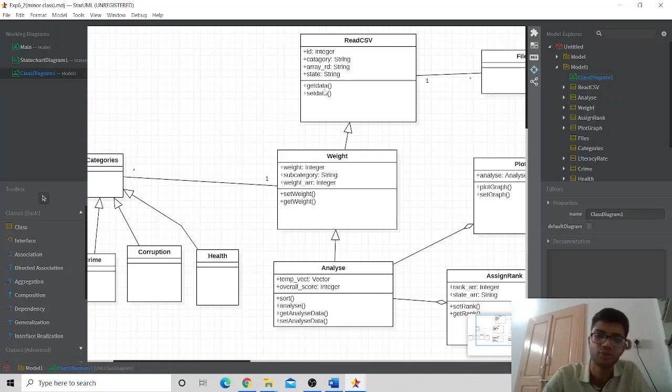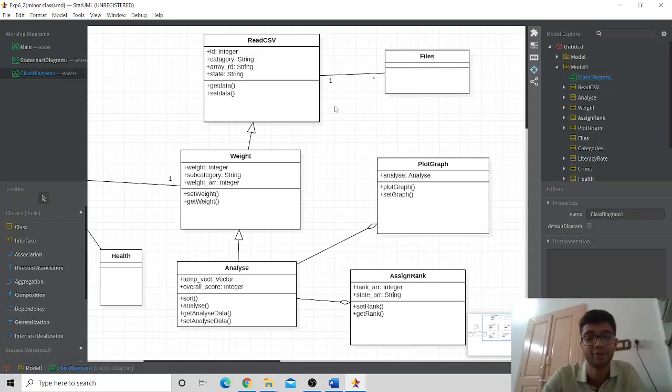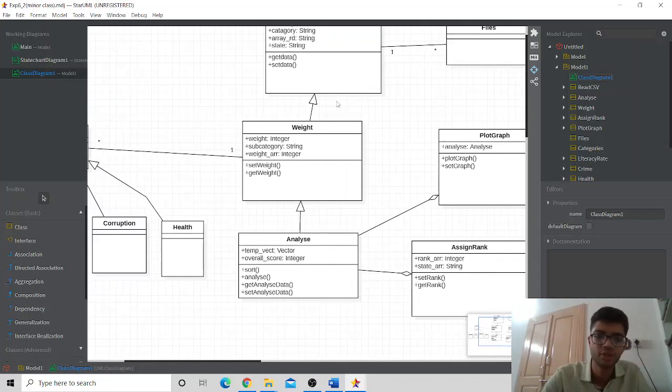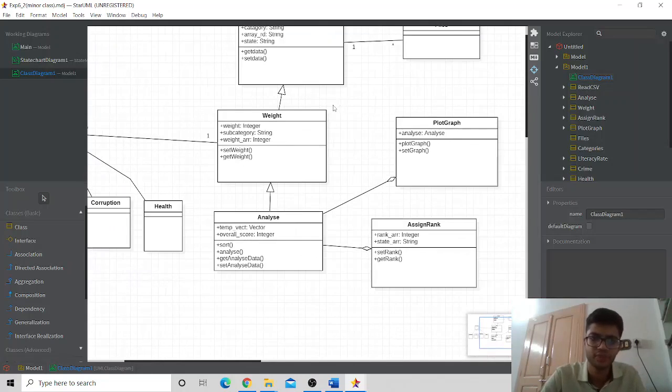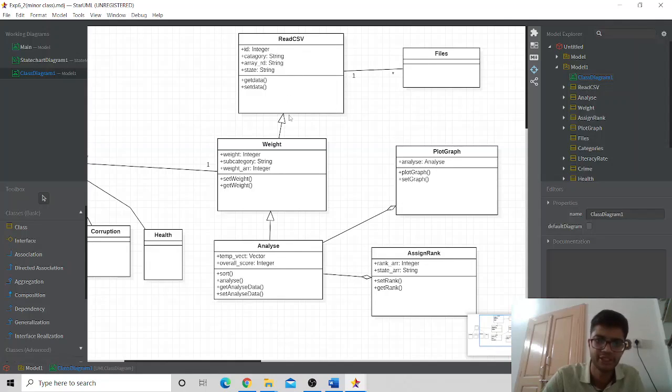And there are two functions, get data and set data, which are the getter and setter, as they are called in programming languages. And the read CSV has many files like crime, corruption, health, and many other CSV files.